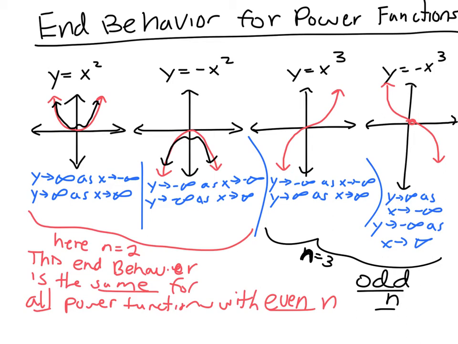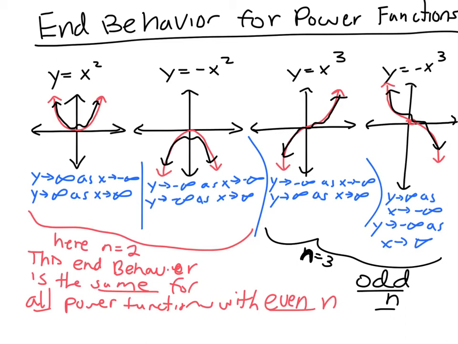If you had y equals x to some odd power, say x to the 5th, it might be doing something else in the middle, but it's going to have the same end behavior. Y equals negative x to the 5th, something different, same end behavior.